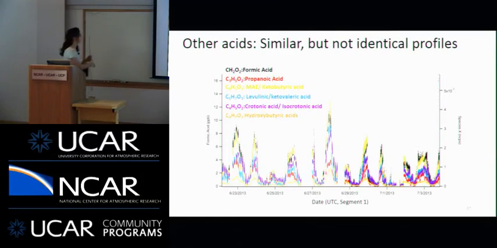Those two isomers overlap. This C4H5O3 molecule looks really similar to formic acid, but some other ones, like the hydroxybutyric acids in orange, look a little bit different. But we still need some sources and some rapid sinks for these other molecules.